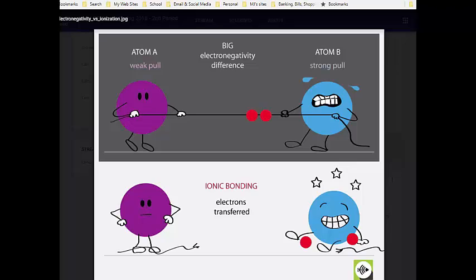And so that top section is showing how the more electronegative element, in this case on the right, the blue one, is stronger. It's pulling on those electrons more strongly than the less electronegative element on the left. And so the electrons are spending more of their time over here where the blue element is, atom B in that top gray section.